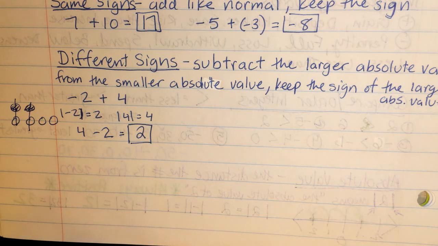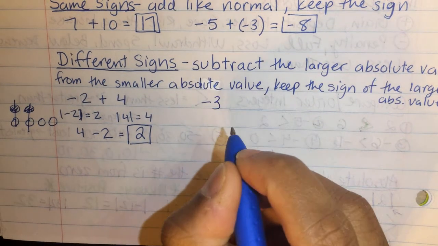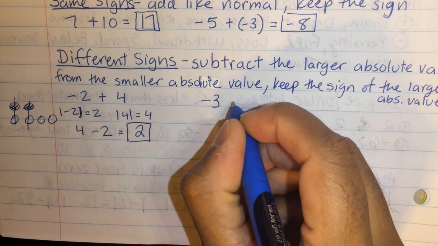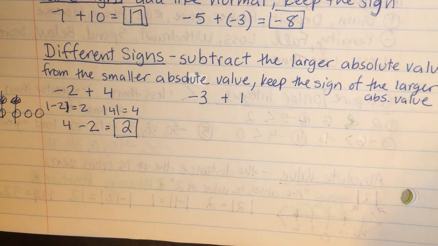Let's try something easy that you don't have to do too much writing with. Let's do -3 plus 1. If you think about it in your head, that's like 3 shaded circles and 1 unshaded circle.